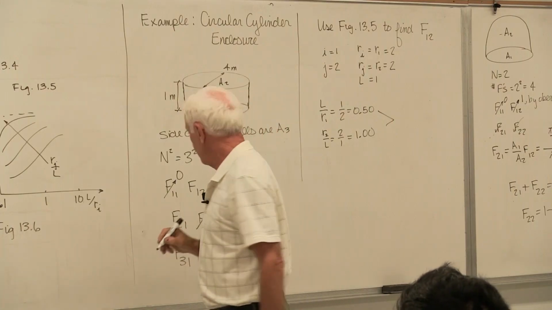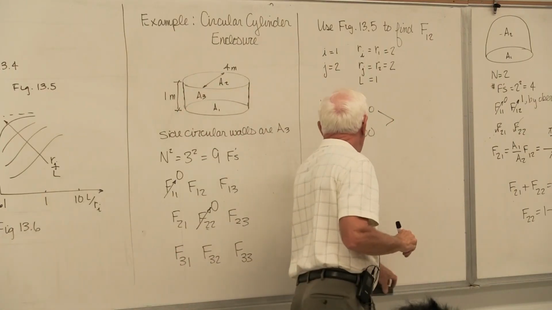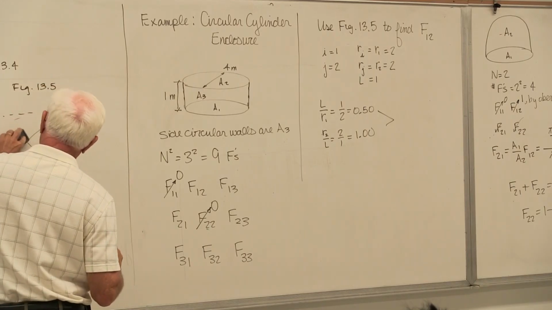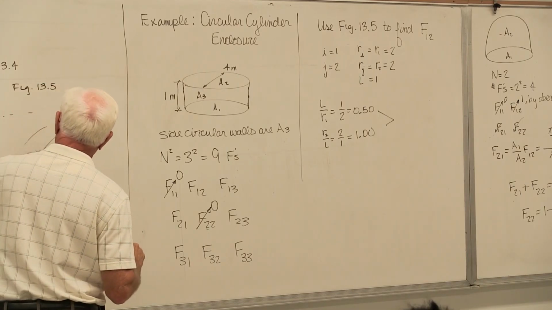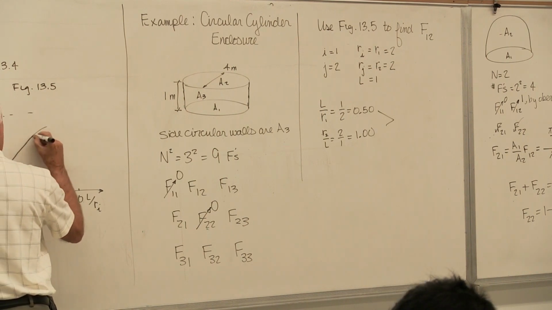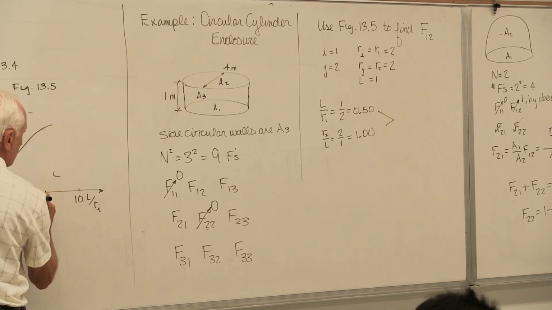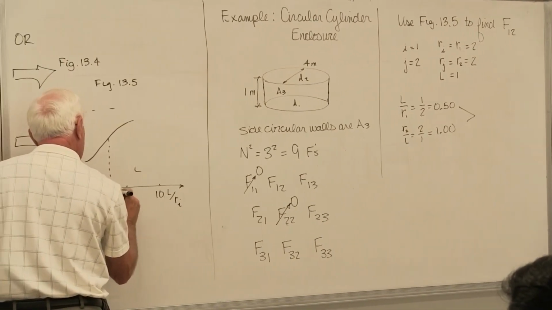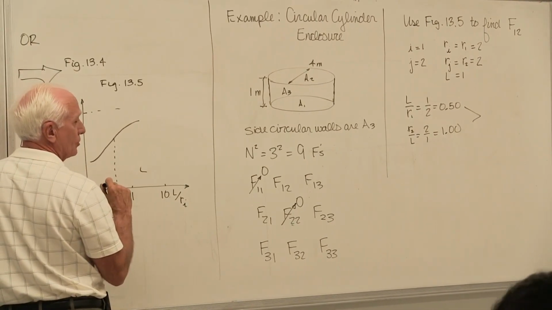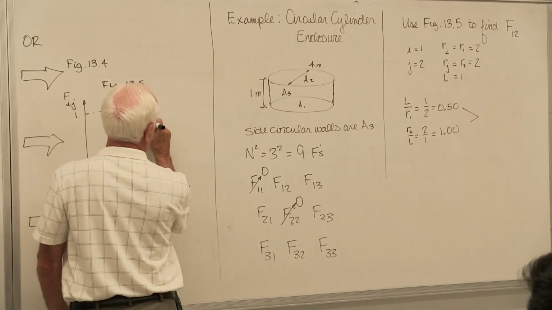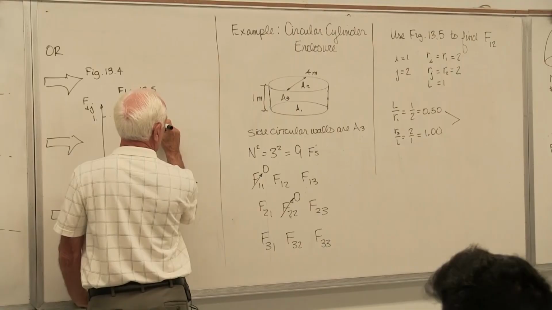Go to the graph. X-axis, well, first of all, get rid of a lot of these lines. Go to 0.5 on the x-axis. Go to the line, or interpolate if you have to, you might have to find the line labeled 1.